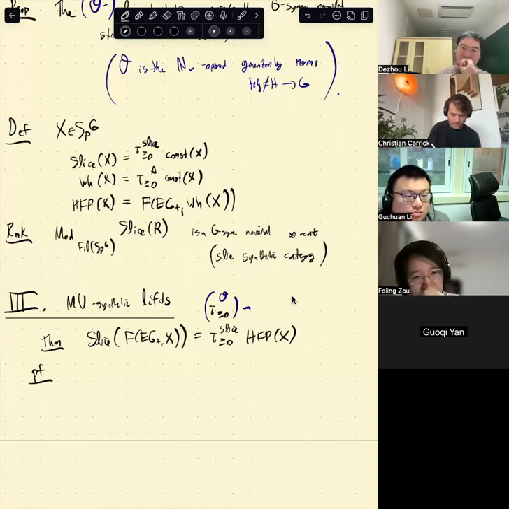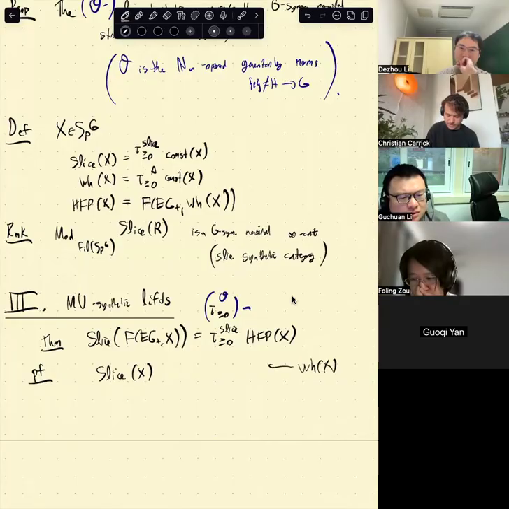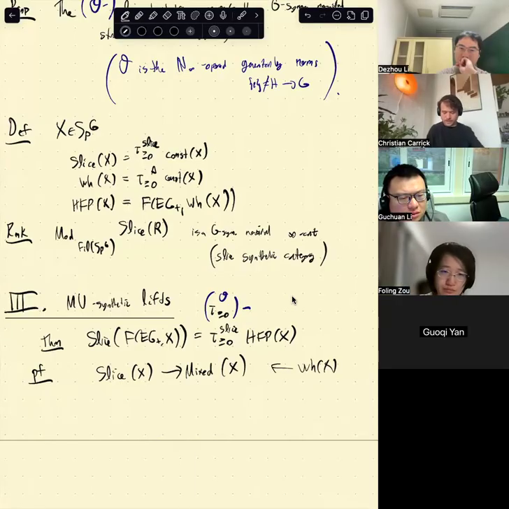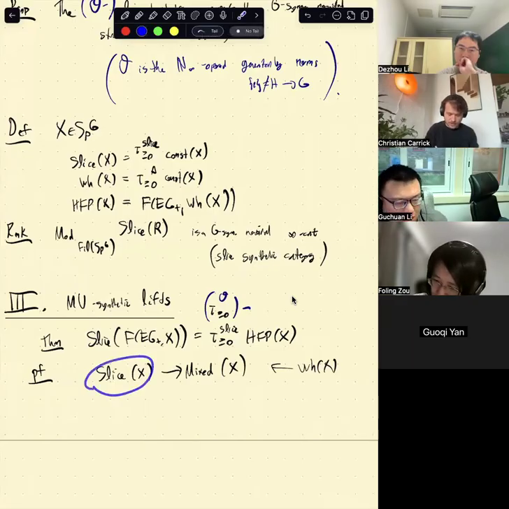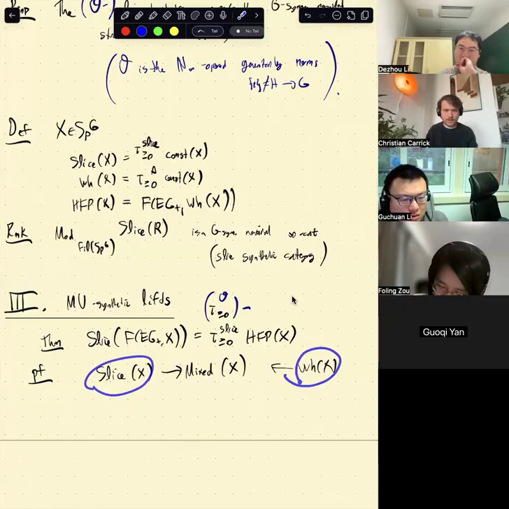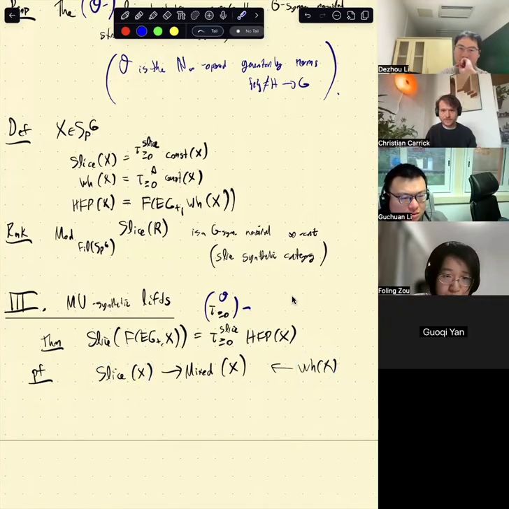So first of all, there's a map out of the slice and the Whitehead filtration of X to something I call the mixed filtration. And the point is that these two things are defined by taking the connective cover of the same object with respect to different T structures.